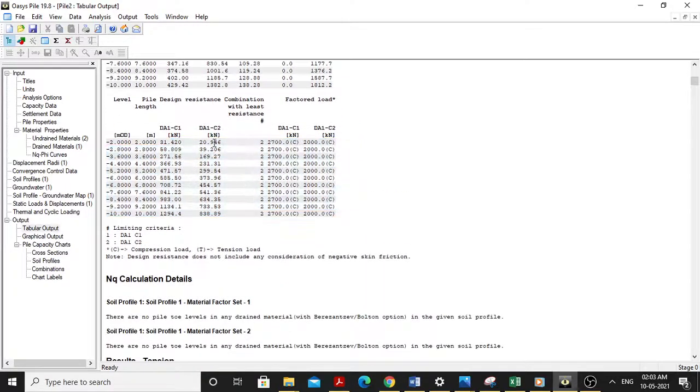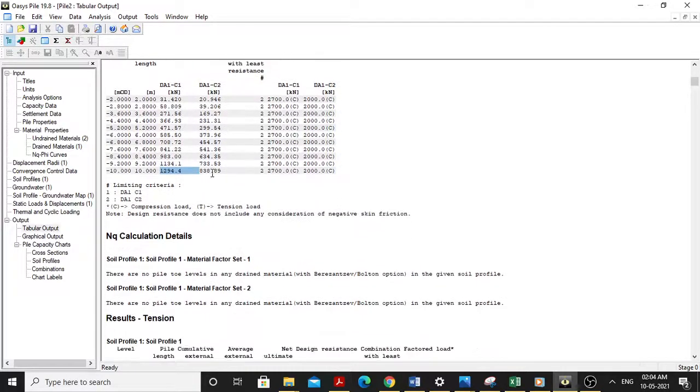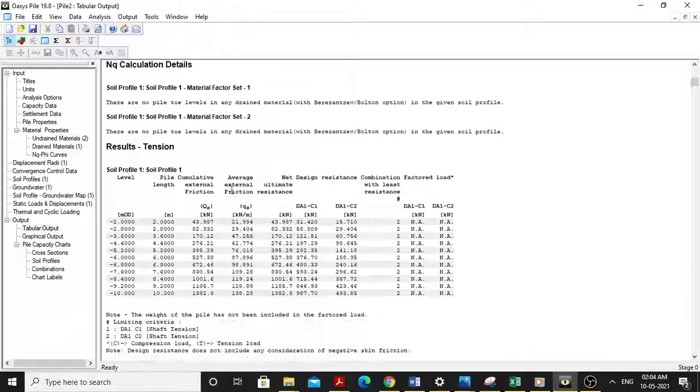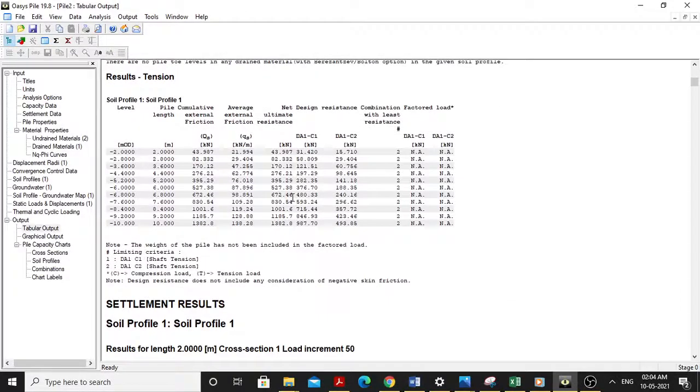This is for the compression. This is for the different load combinations, C1 and C2. So basically I will show in a similar way how you can easily find it.